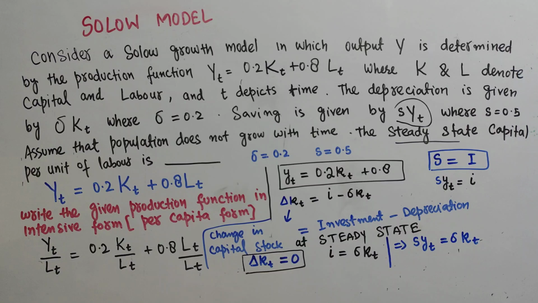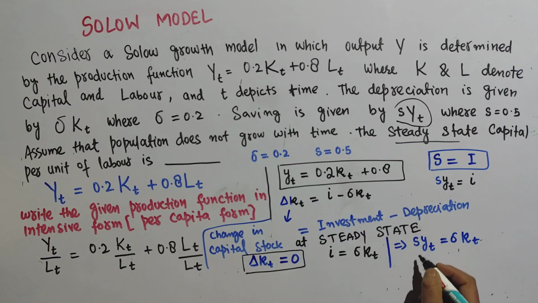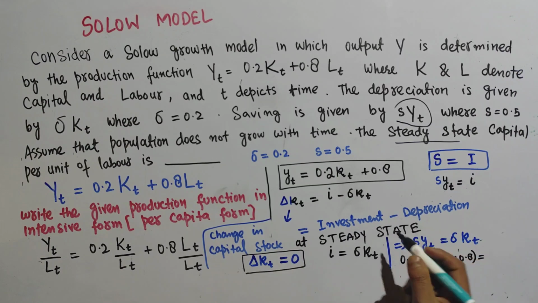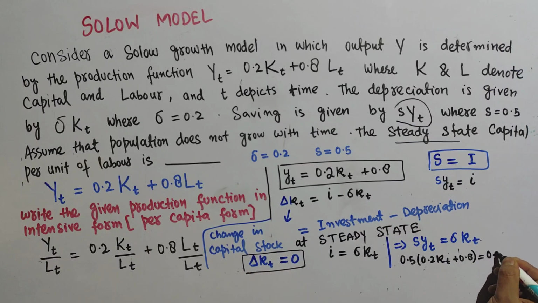The savings rate is given here as 0.5, so we write 0.5 times y_t, and we have calculated y_t = 0.2 k_t + 0.8, which should be equal to the depreciation, 0.2, times k_t.